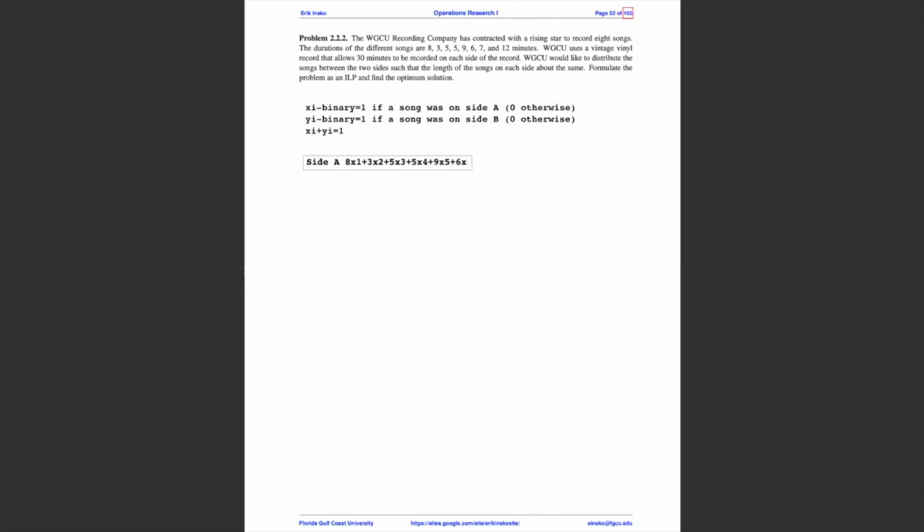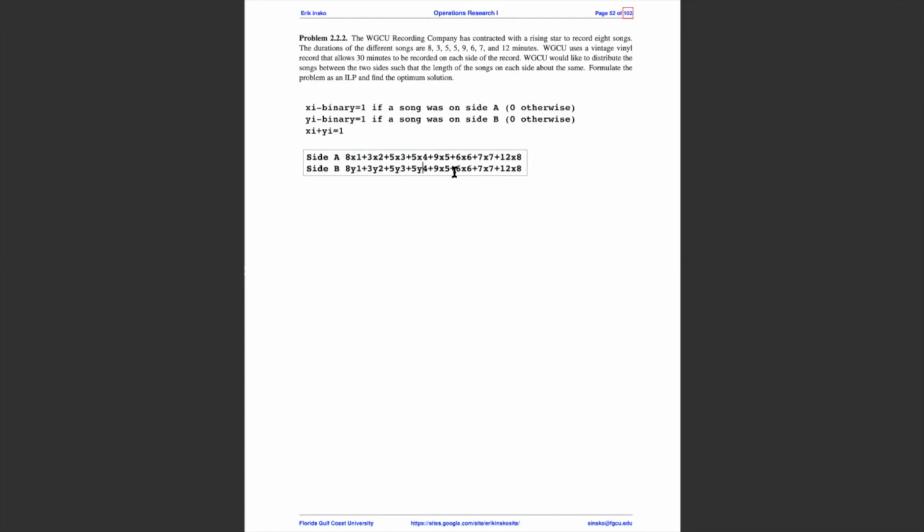And spare me just for typing a little bit slower. And the same thing is going on side B. If we record on side B, we would have the same thing, but with our variables being y1, y2, y3, y4, y5, 6, 7, and 8.